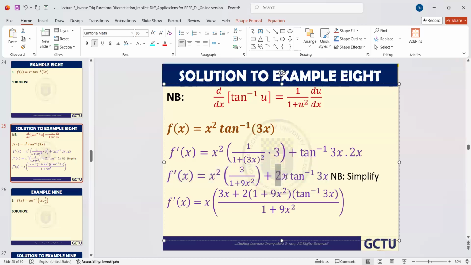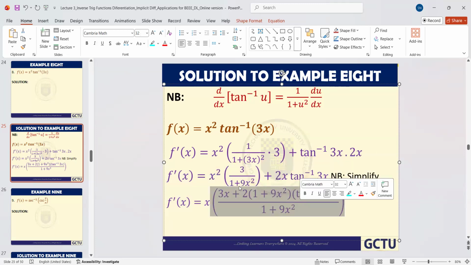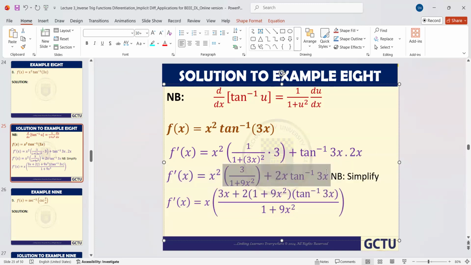You see that there's a 2x here and there's an x squared here. So if I'm able to take one of the x out, I'll be left with x here, and then one of the x goes into the numerator here. So the numerator gives me 3x plus 2, using LCM, 1 plus 9x squared, then tan inverse of that, all divided by this. So please, what I did from here up to here is I found LCM of this, basically.